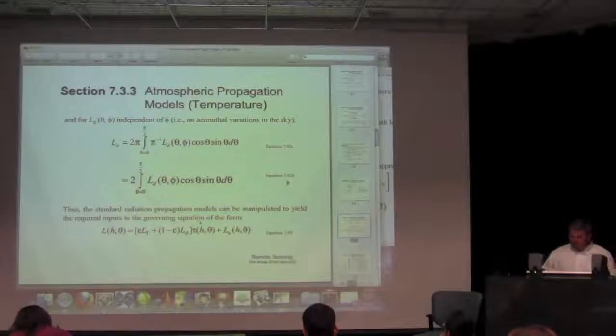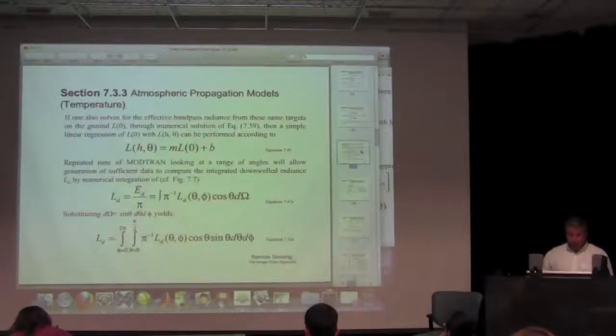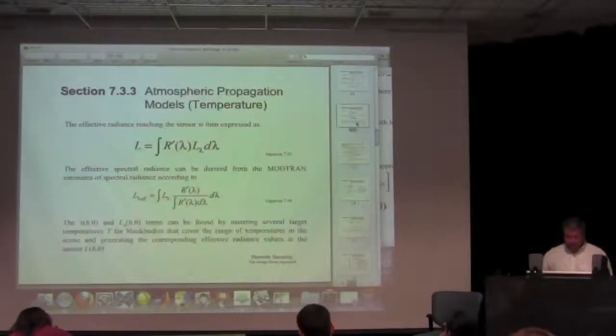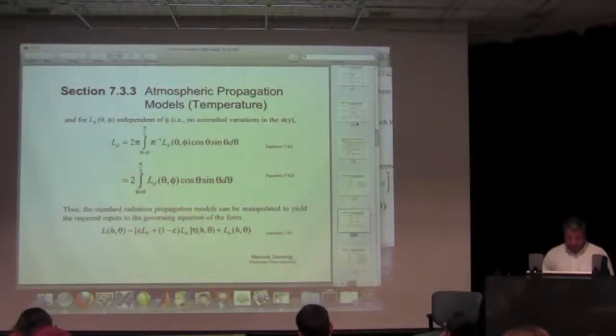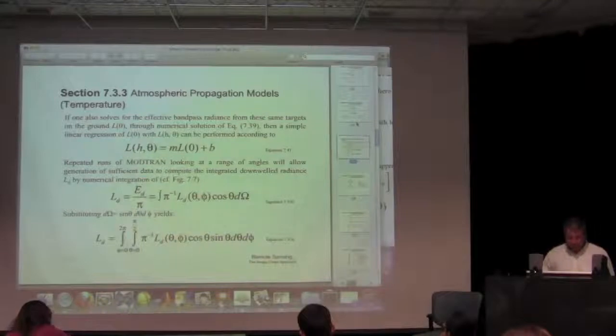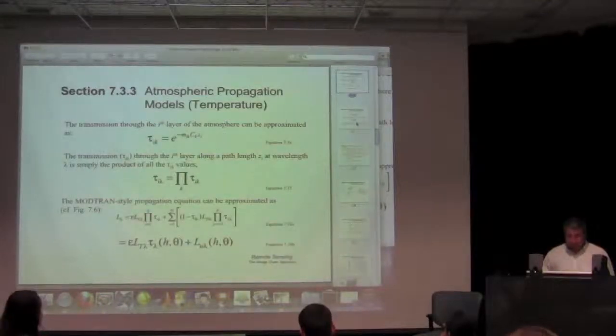Can you go back to the Modtran slide? The one that had the products on the side. Yes, that one there.